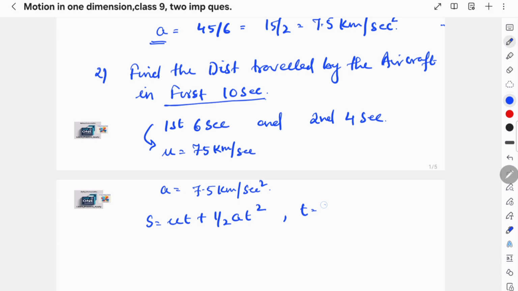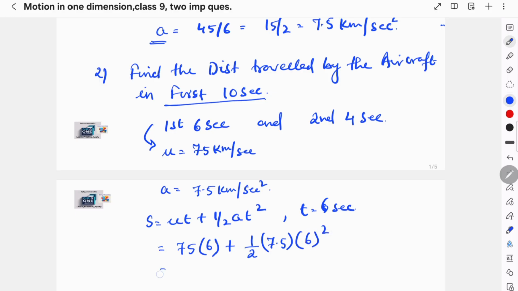Now t is 6 seconds here. So now let's put the values. So initial velocity is 75, time is 6 seconds, plus half, acceleration is 7.5, and then again time is 6 seconds, so we'll have t square here.